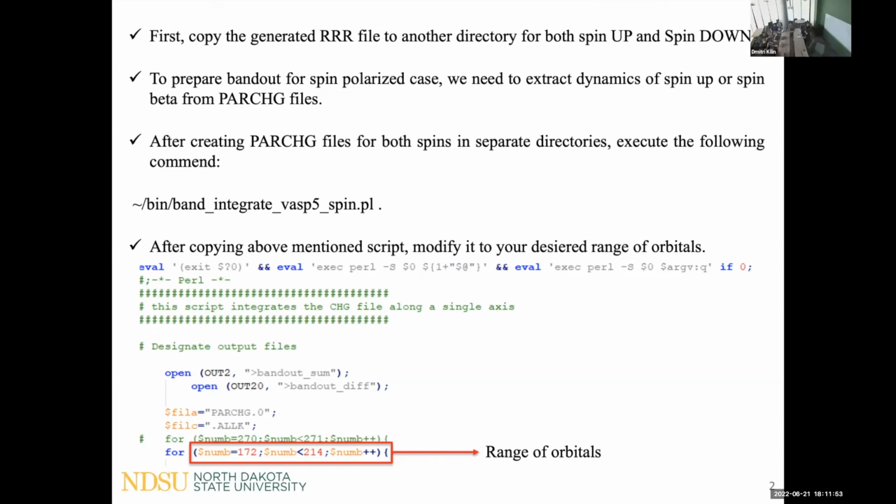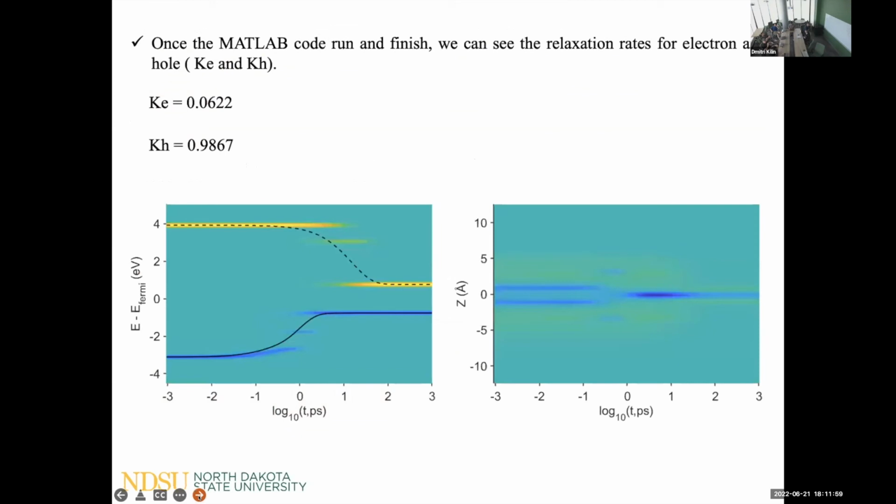Okay, thank you. But your last slide, can you please go there? Sure. Yeah. It shows one green diagram for energy relaxation and one green diagram for distribution in space. Yes. Is it for spin up or spin down, or is it a combination of both? I was expecting to see a second set of images for different spin.